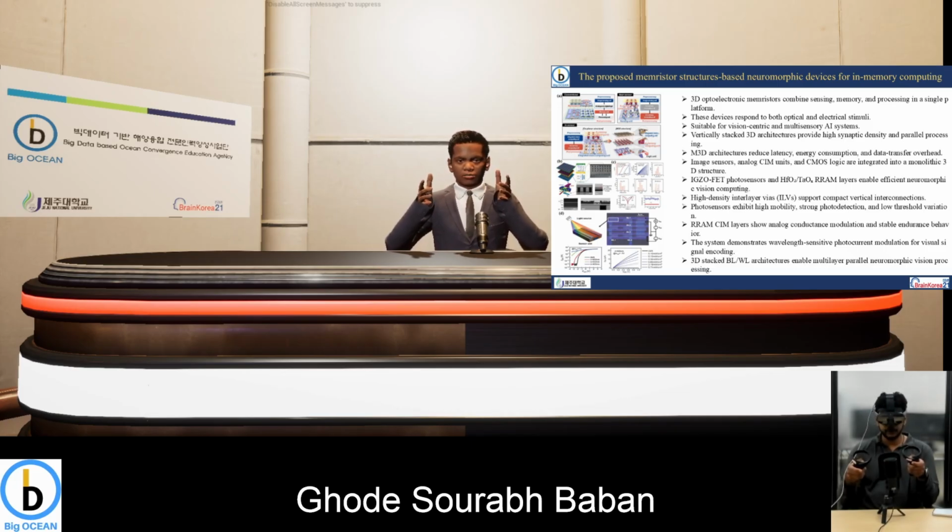In this figure you can see the vertically stacked 3D architecture provides high synaptic density and parallel processing. And the M3D architecture reduces latency, energy consumption and data transfer overhead. Also the image sensor, analog CIM and CMOS logic are integrated into the structure.